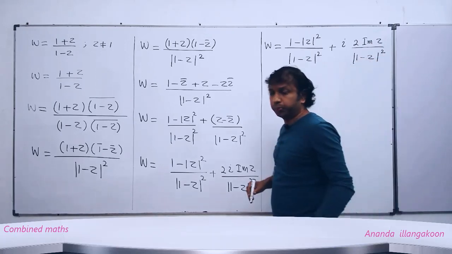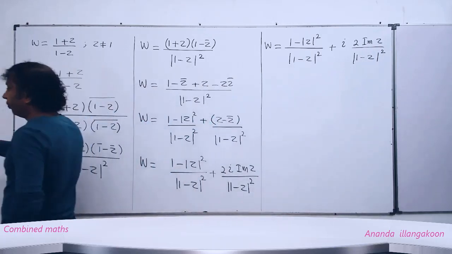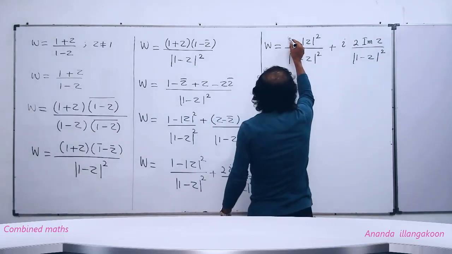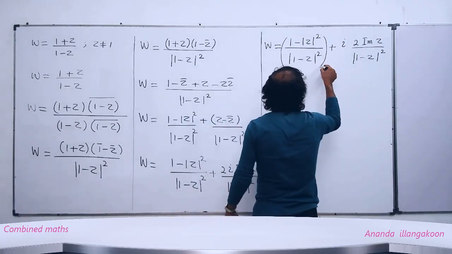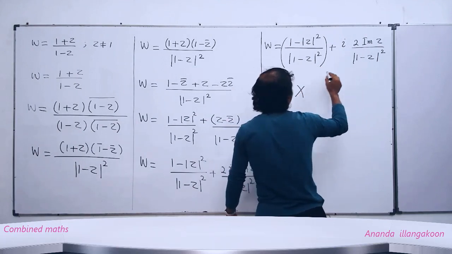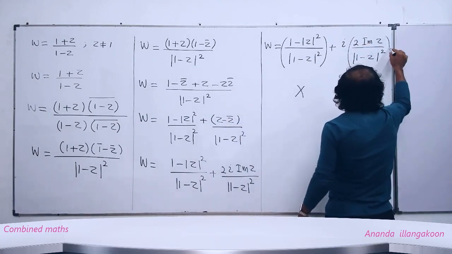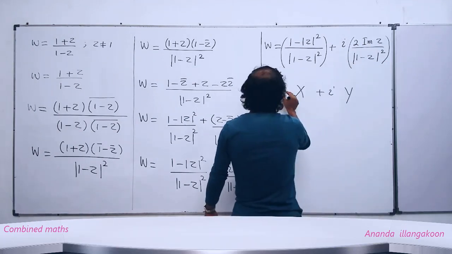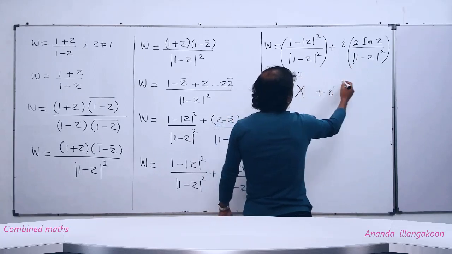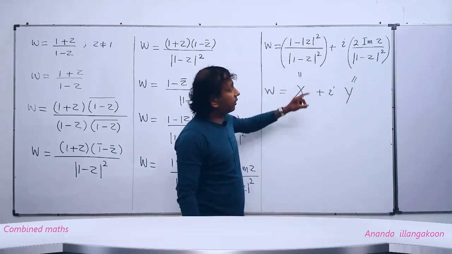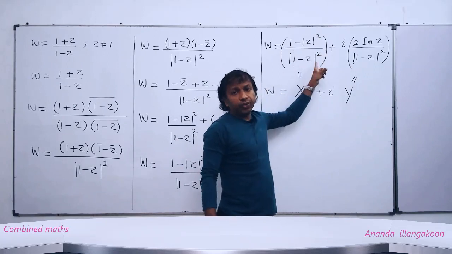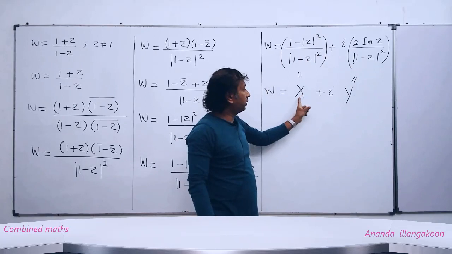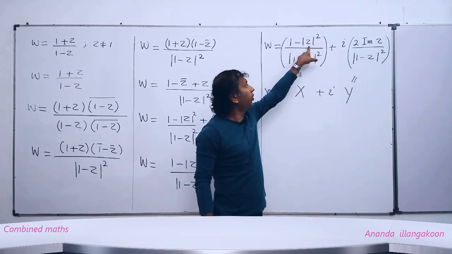Now you can very clearly understand, this part is really x, and this part is really y. Here we have x plus iy form as this W. You can very clearly understand this value is a real number, positive or negative, that I took as x. Why? Mod z means a real number.